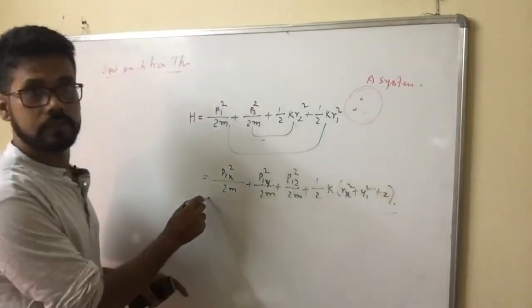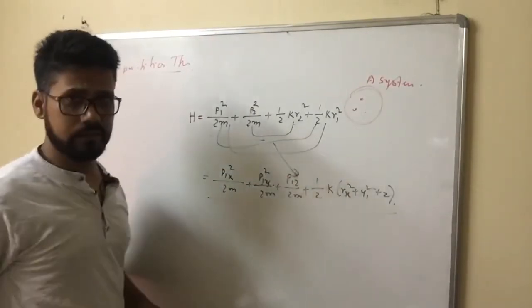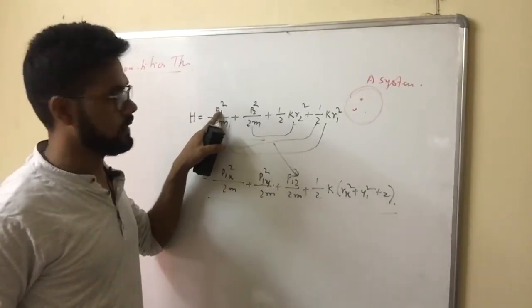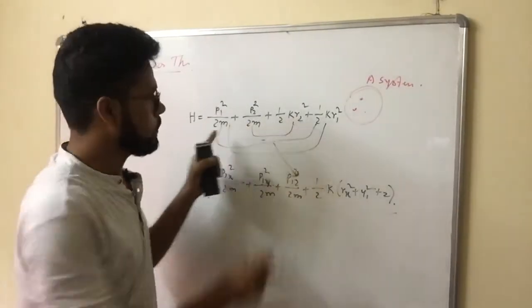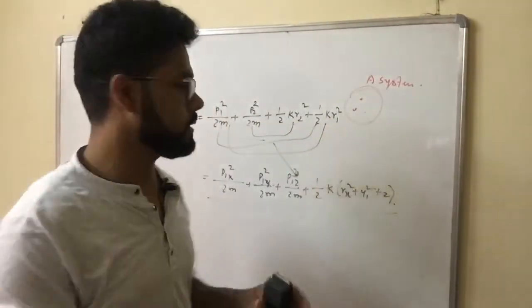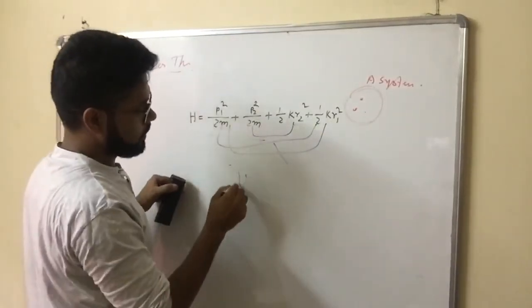Only 3. So px, py, pz is there: 3 degrees of freedom here and 3 degrees of freedom here. For one particle the total degree of freedom is 6, and for two particles, 12.